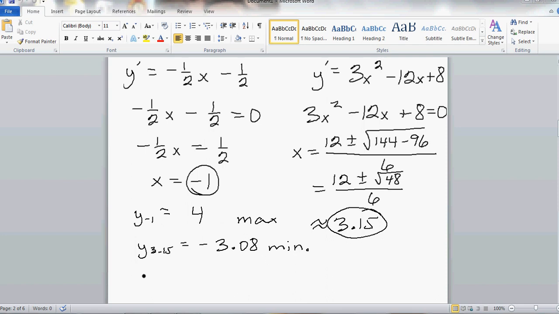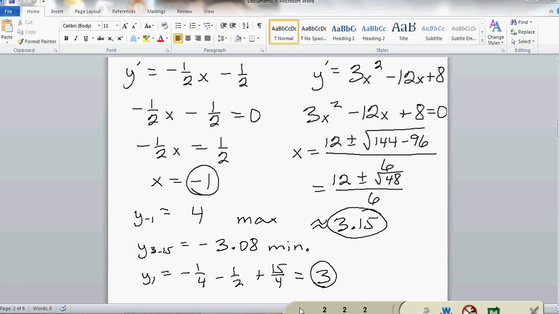Right at 1, we plug in, y equals, let's see, that would be negative 1/4 minus 1/2 plus 15/4. So what does that equal? Negative 3/4, 12/4 is a 3. You get a 3 right at that point.